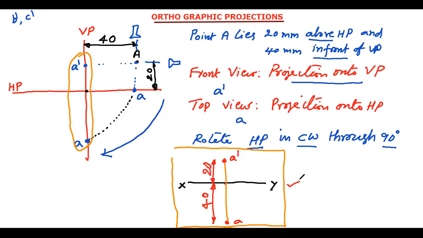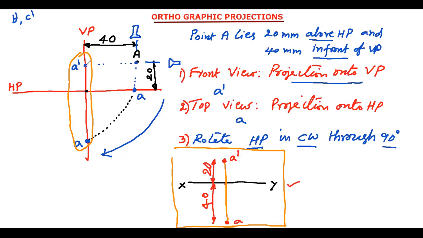Okay, dosto. So, how to draw the orthographic projections? You have to follow three steps. The first step is you have to draw the front view. Second step is you have to get the top view. Third step is rotate horizontal plane in clockwise direction through 90 degrees. So what is front view? Project the point onto the vertical plane.